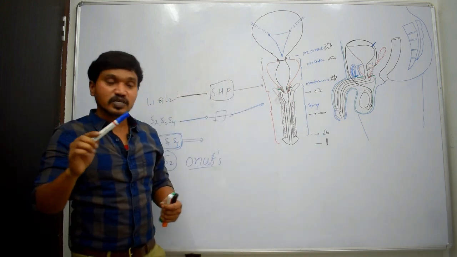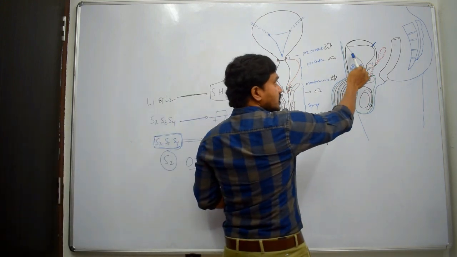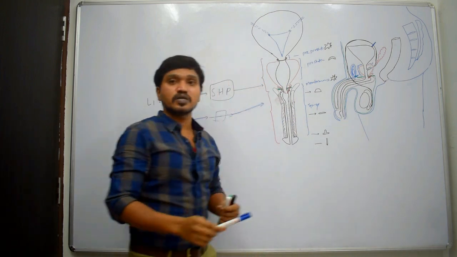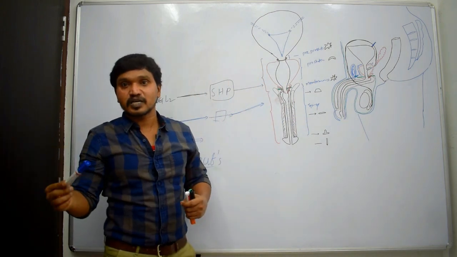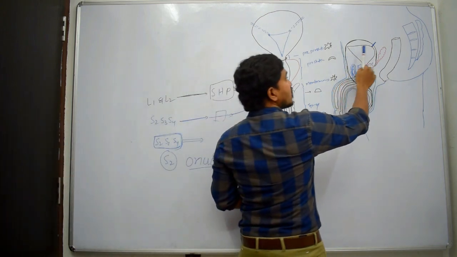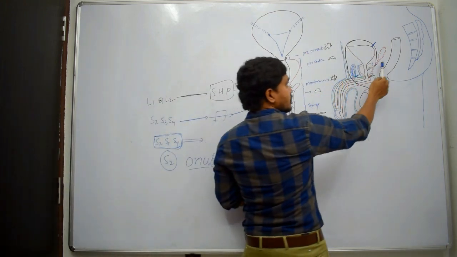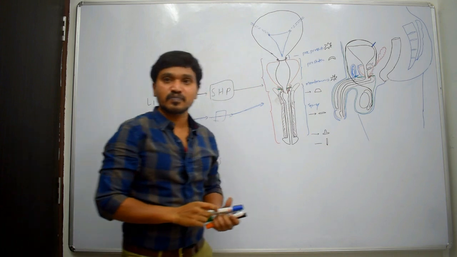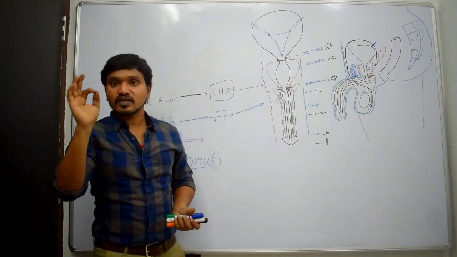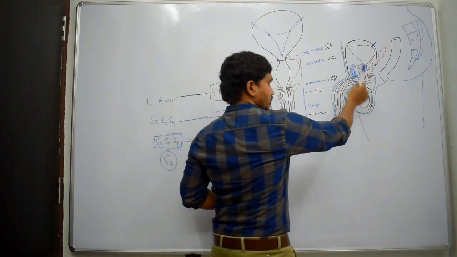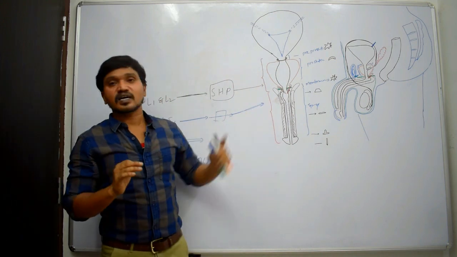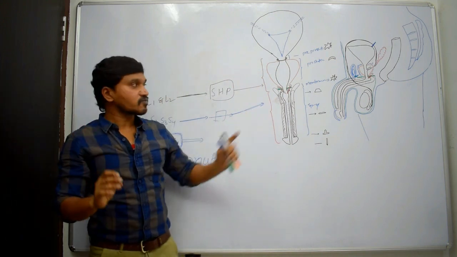If there is injury above the perineal membrane, there will be extravasation of urine in the extraperitoneal space, which is present around the urinary bladder. So in this space there will be extravasation in case of urethral rupture above the perineal membrane. This is the consequence if there is rupture of the urethra.